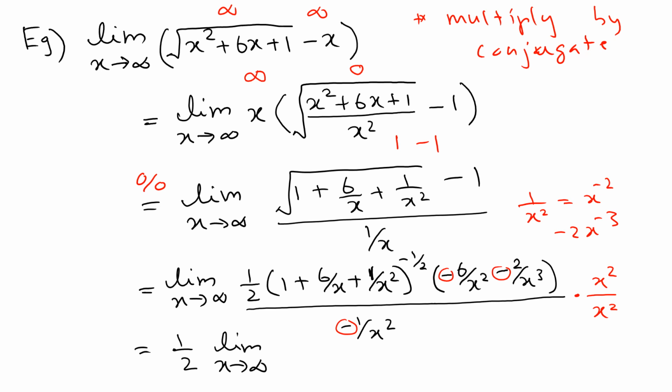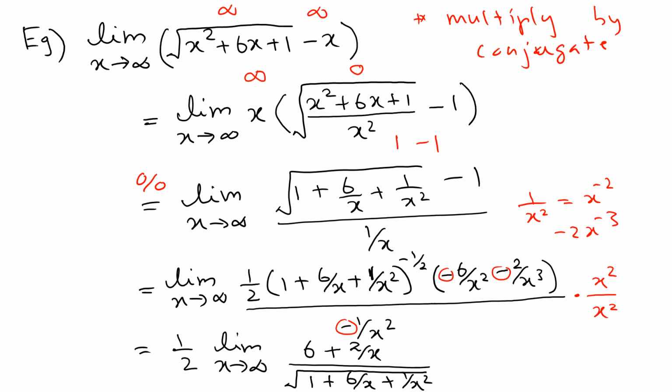And from the numerator, you're going to get 6 plus 2 over x, divided by the square root term, which comes down because you can see it is a negative 1/2 power here. So it is the square root of 1 plus 6 over x plus 1 over x squared.